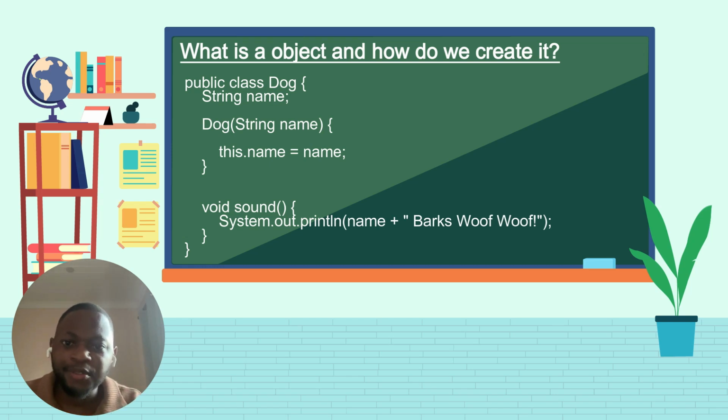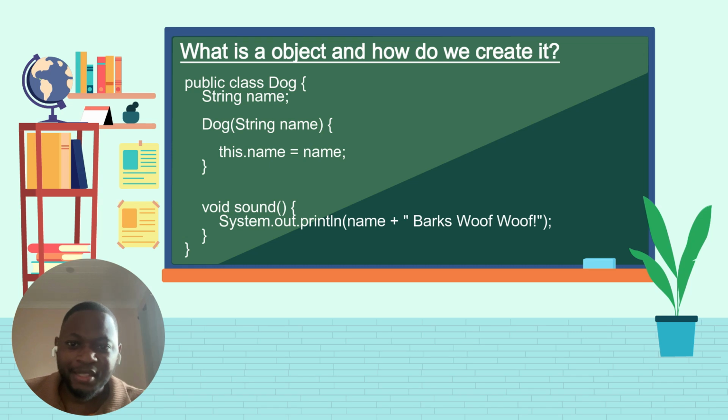Secondly, we have the dog constructor, where we pass in the dog name and create the dog object. And thirdly, we have the sound, which is the method, what we want the dog to do. What sound does the dog make? It would bark. So the class is like the blueprint of what we expect the dog to do and the characteristics that the dog should have.